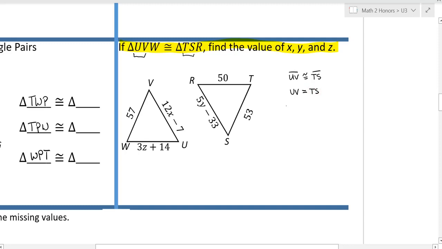So UV is 12x minus 7. TS is 53. And now I have a little equation to solve for x. I'll add 7 to both sides. I get 12x is equal to 60. Divide both sides by 12, and I get x is 5. So I want you to finish this for homework and go ahead and find out what y is and find out what z is.